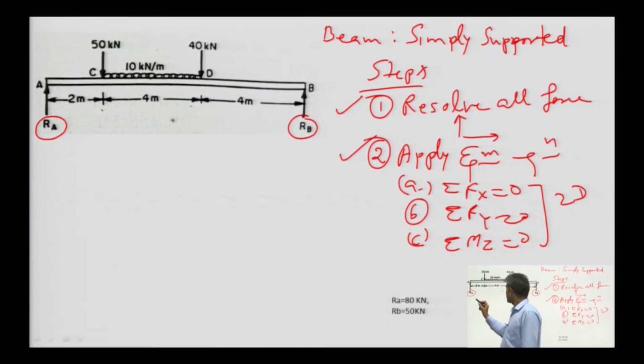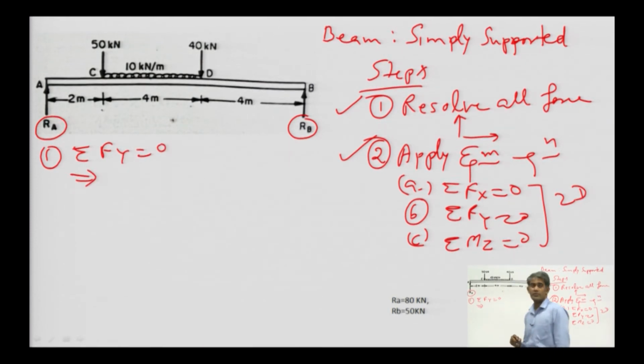Apply the equilibrium equation. First of all, apply equilibrium equation number 1, sigma Fy equals 0. If we apply this equation, then what we will get? We will get RA plus RB.